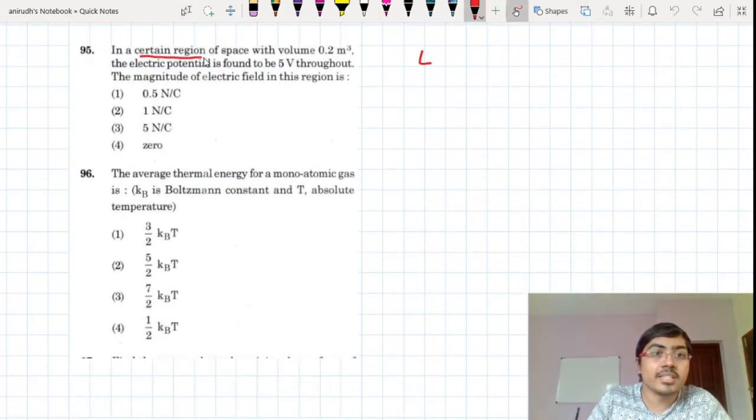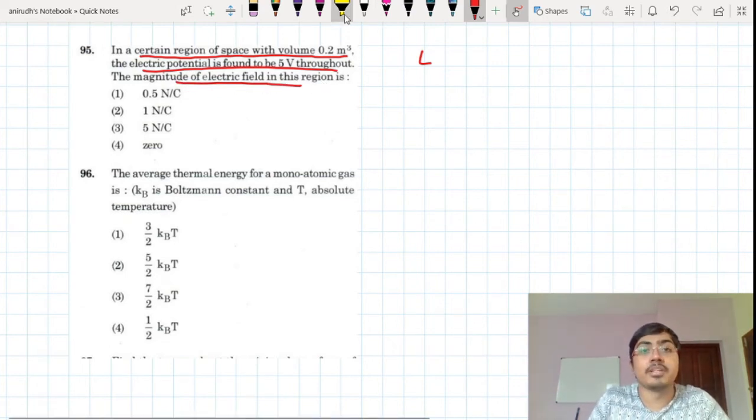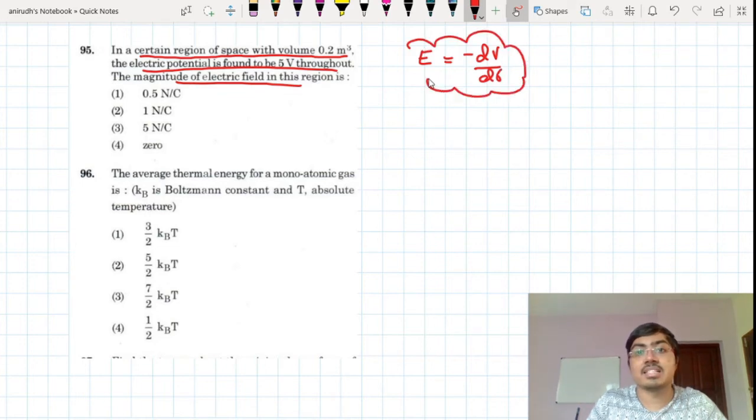In a certain region of space with volume of 0.2 meter cube, the electric potential is this much. Now they are asking you the electric field in this particular area. Electric field is equal to minus dV by dr. Negative potential gradient is electric field. So I can say that it is constant throughout, it is not changing.